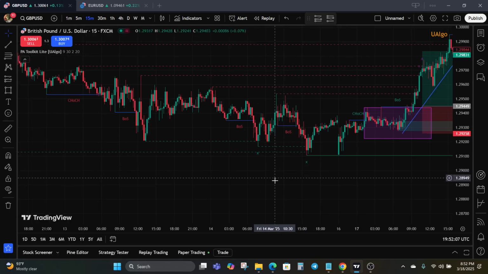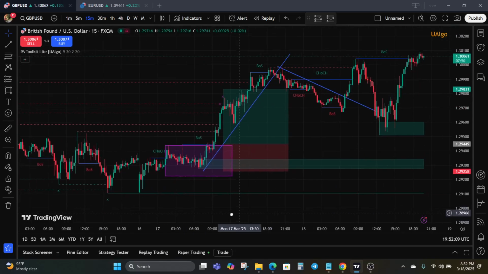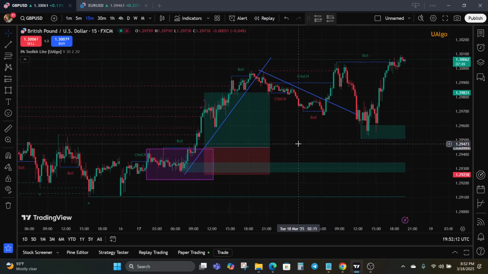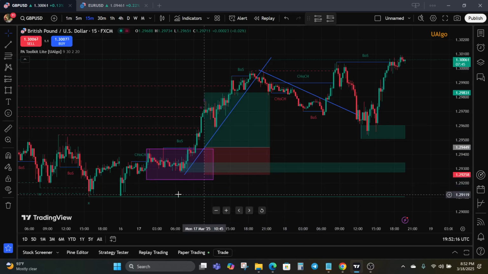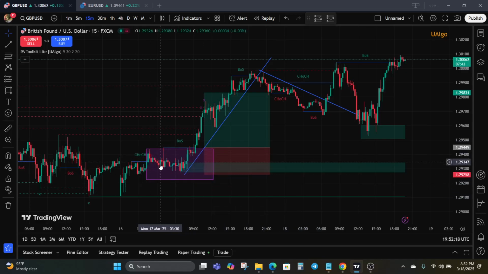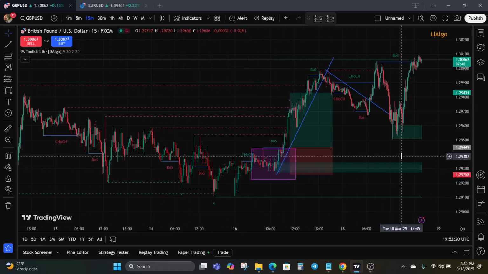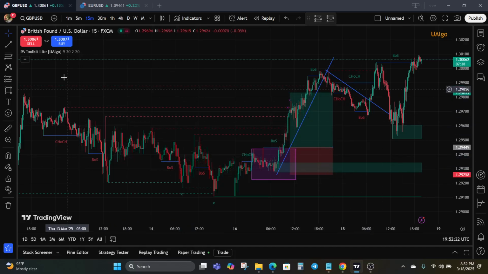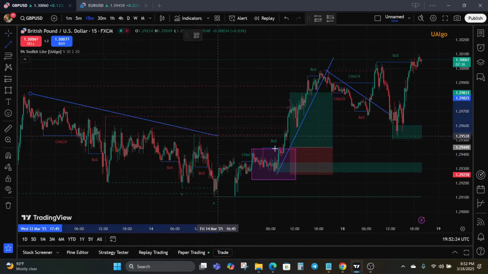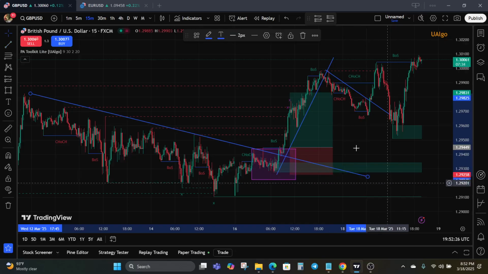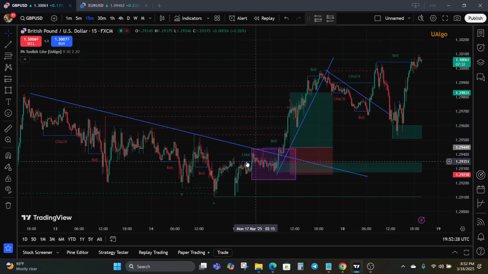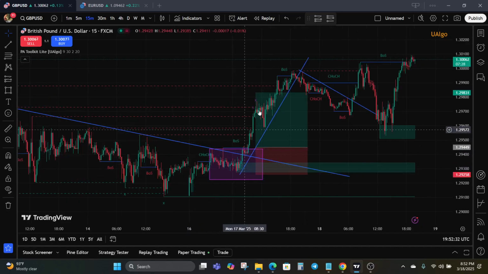Now let's talk about change of character. A change of character occurs when price fails to continue the trend and reverses direction. We can see that we initially had a sell trend here, right? And then at some point you can see that we had a change of character signal, and before you know it, there was a bullish reversal.